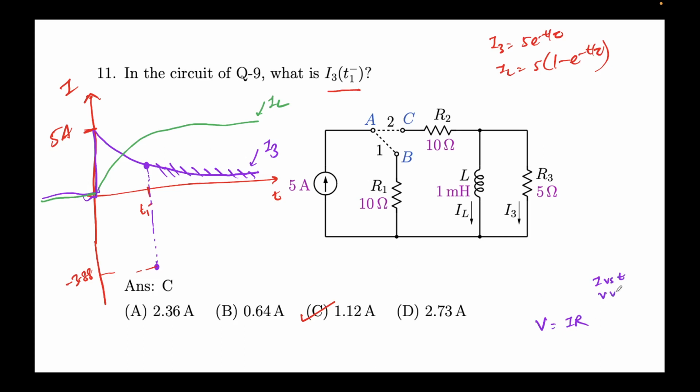If I plot voltage versus t, let's say V3 versus t, it will also follow this kind of behavior, right? It will be 0, then it will jump, then it will decay, and then it will jump to the negative. So it's not like the resistor is creating some problems.